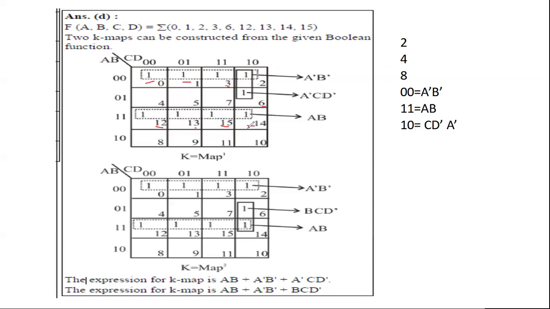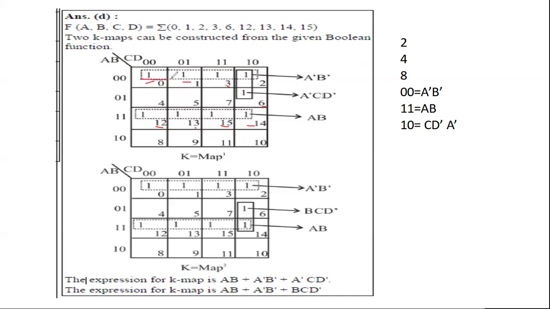That is, we can group either 2 ones, or 4 ones, or 8 ones. Okay, 4 ones we can group. Okay, 8 ones we can group. Here we can't find 8 ones, so the next option is 4 ones.